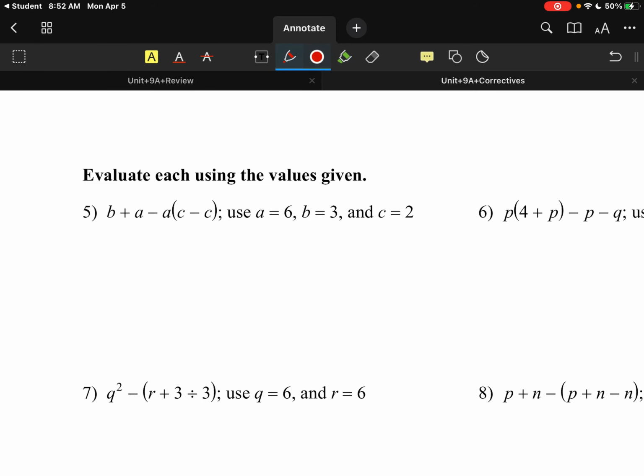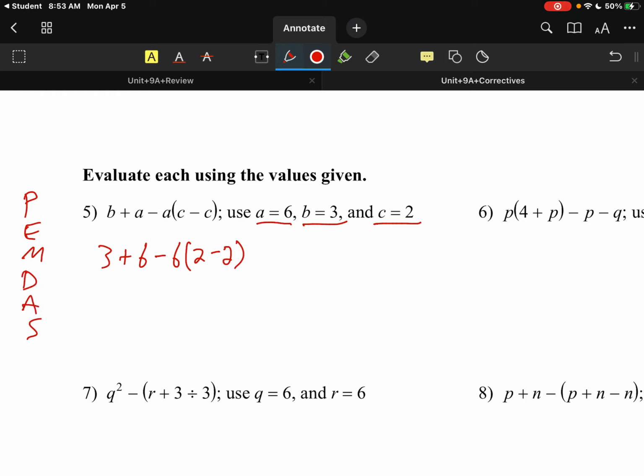Remember, evaluation, you just plug in the numbers for each variable. So b plus a minus a times c minus c in parentheses. So b is 3, a is 6, parentheses, c is 2, c is 2. So you follow PEMDAS.